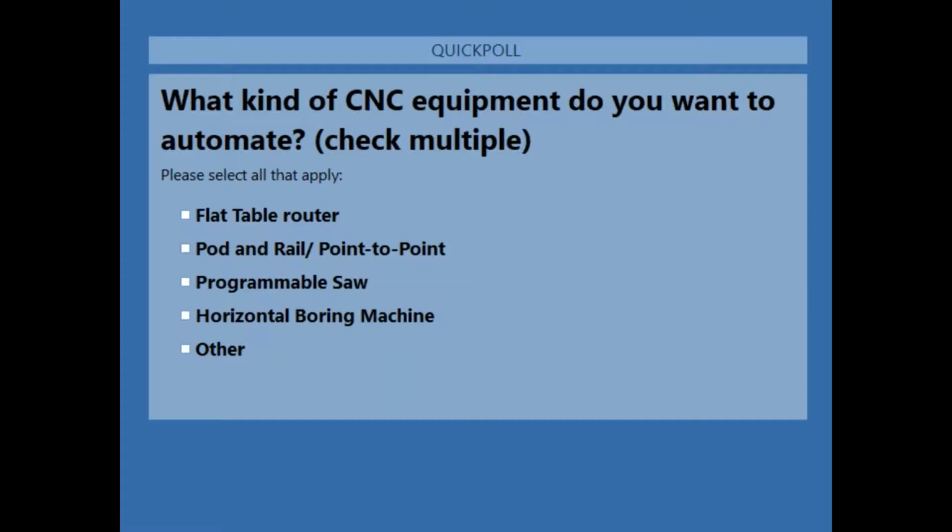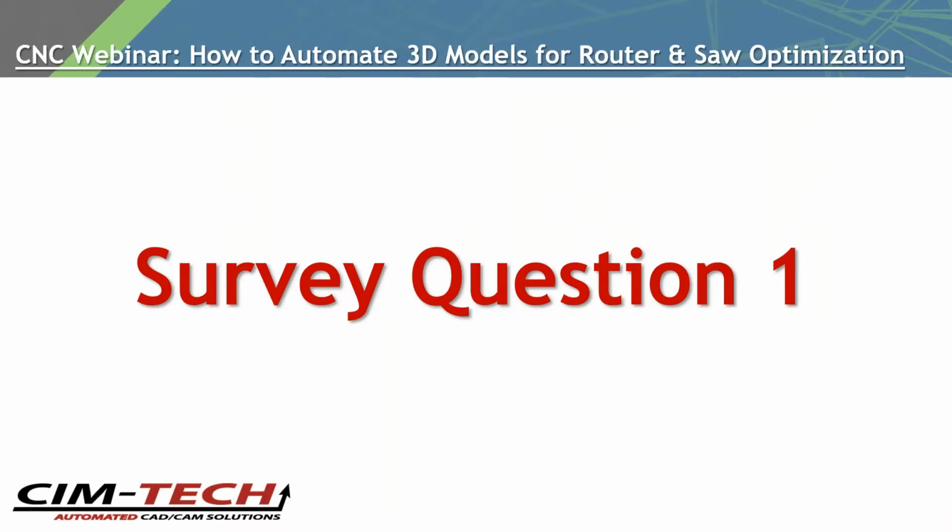All right, we'll be wrapping up. So if you haven't made your selections, please put them in now. All right, and we'll take a quick look at the results here.